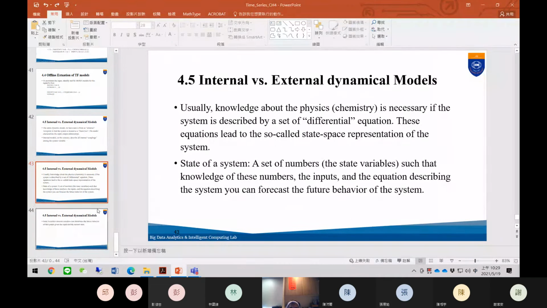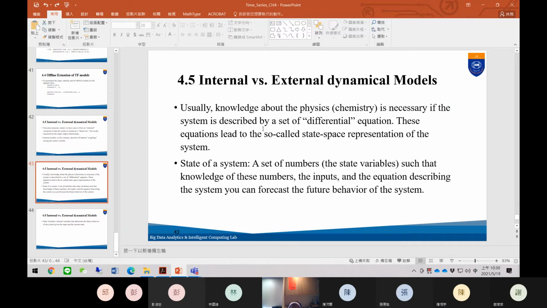So usually knowledge about the physics or chemistry is necessary if the system is described as a set of differential equations. Actually, we don't do that. For IE, we are industrial engineers. So these equations lead to the so-called state space representation of the system.